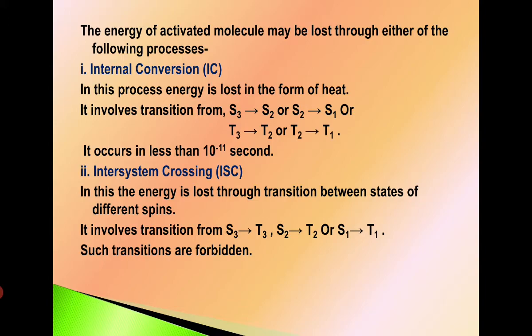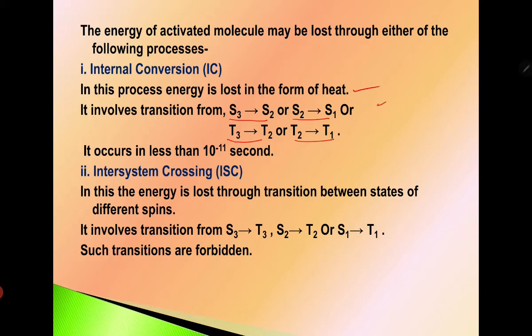Internal conversion, that is in this process energy is lost in the form of heat. We have seen already, it involves transition from S3 to S2 or S2 to S1 or T3 to T2, T2 to T1. This occurs in less than 10 power minus 11 seconds. And the next method is inter-system crossing, that is in this process energy is lost through the transition between states of different spins.